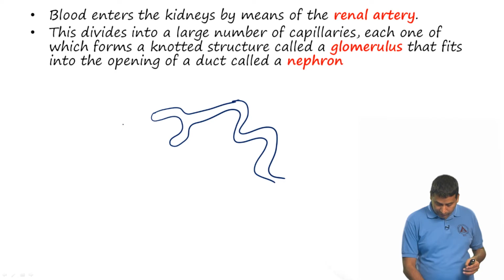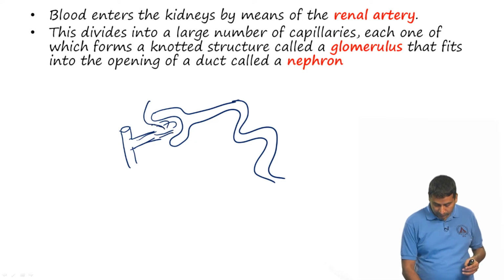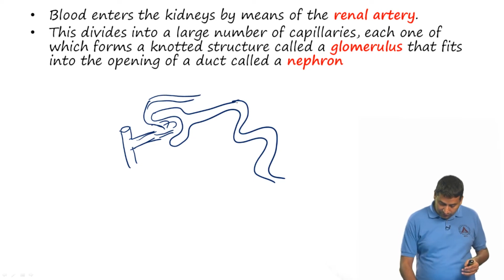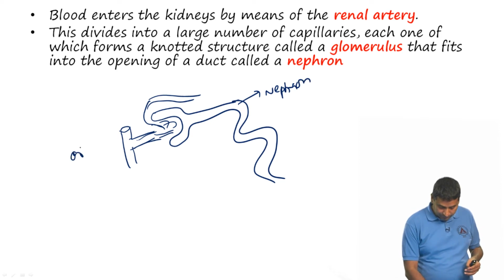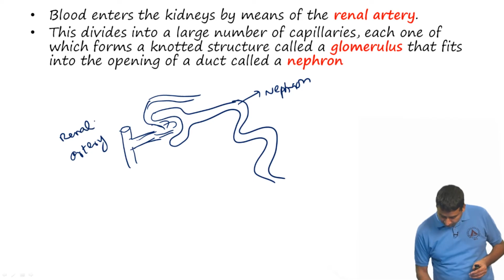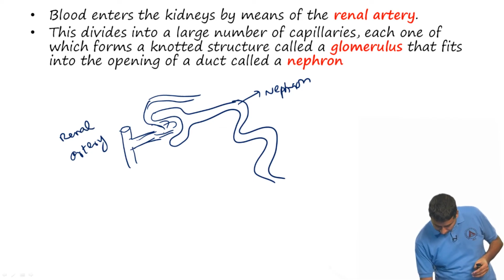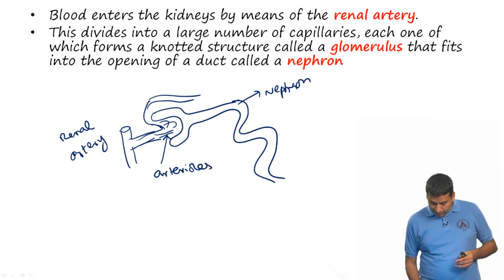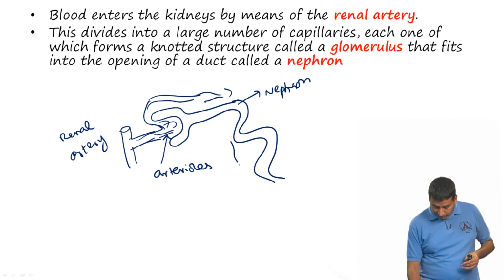Right, and you have here the artery which is supplying blood, and here once the artery is getting in, it forms a number of small capillaries and then it goes out this way, and this here is the nephron, this is the artery, and here this is the renal artery, and these small things here are called arterioles, and they go back and surround themselves and come back here and form the renal vein.